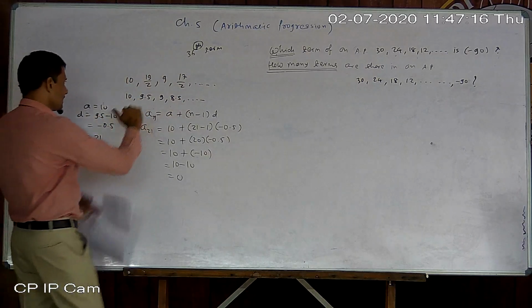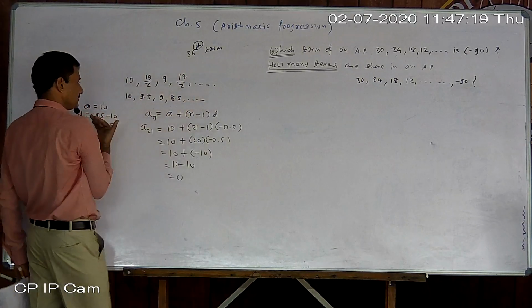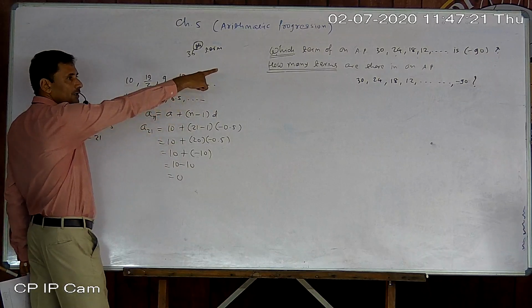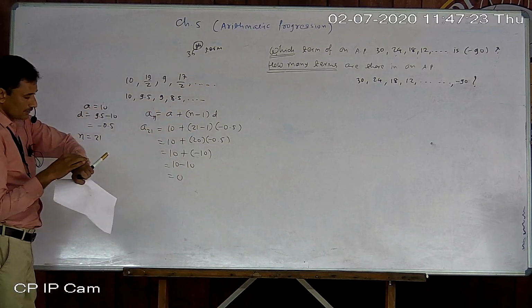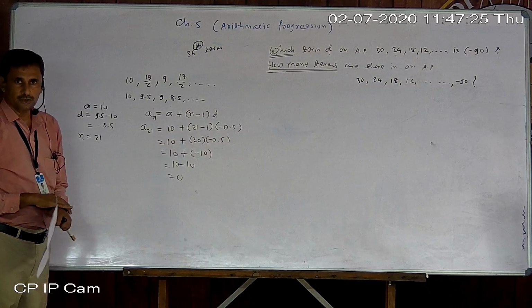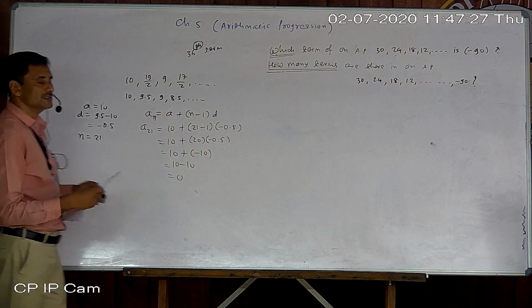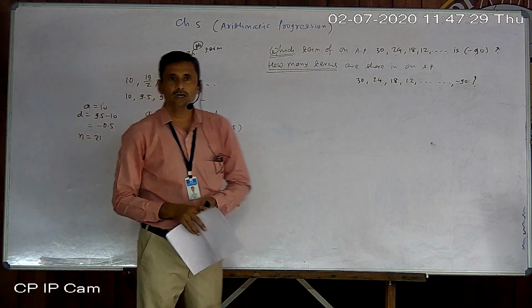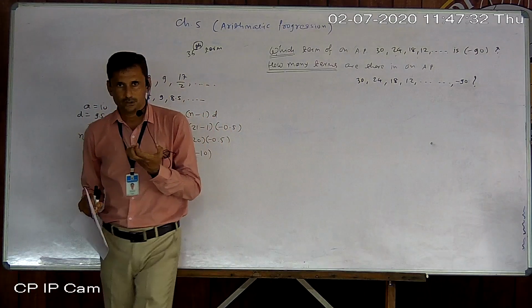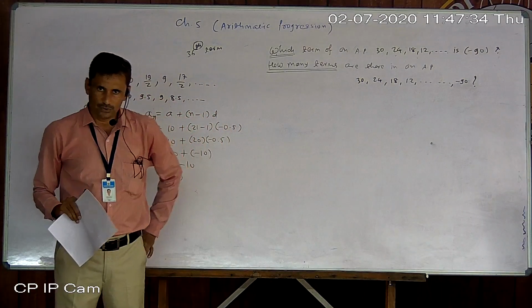In this type of sum also you can go in reverse way, that type of question. But now no time for that reverse type of question. Okay, so that is the basic of arithmetic progression. Today we just learn what is arithmetic progression.